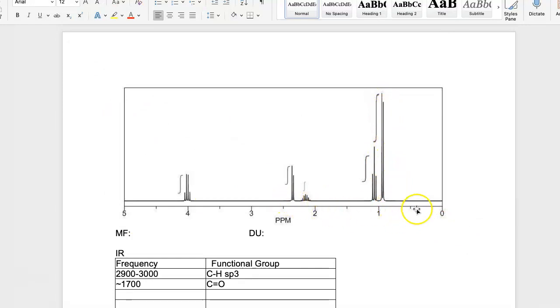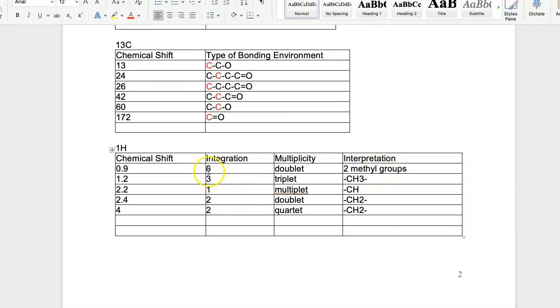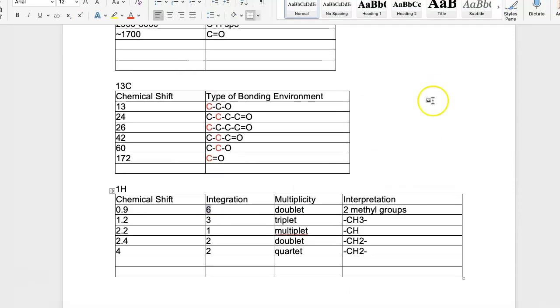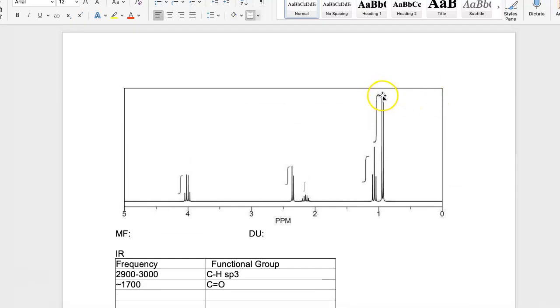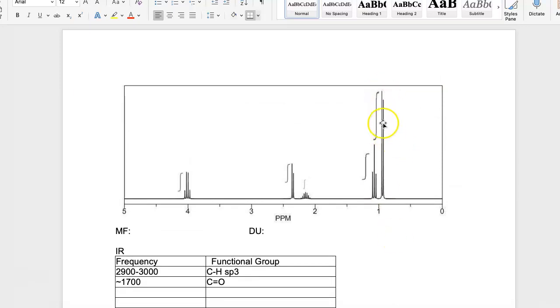There's also a doublet here, but if you look at how tall this is, this would represent the 6 hydrogens, which is the integration. It just means the number of hydrogens in that group. So this would be a 6H, and then it has one neighbor plus 1, so a doublet, 2 peaks.